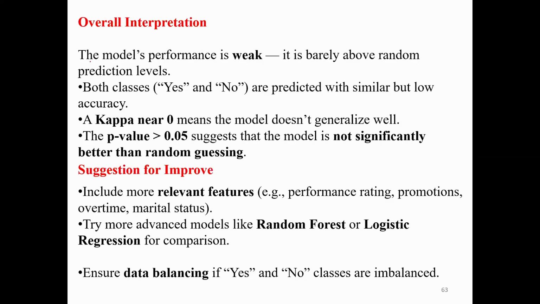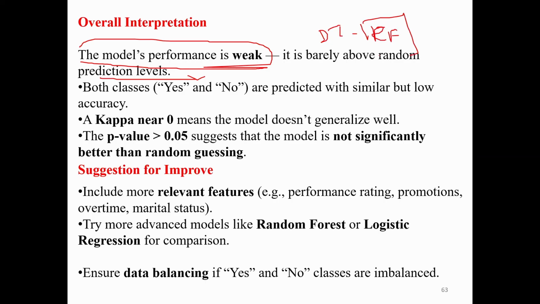So what is the overall interpretation? The model performance is very weak, barely above random prediction level, because it is a decision tree, not a random forest, because you are asking only one HR person. A kappa near 0 means the model does not generalize well, but our result has -1.